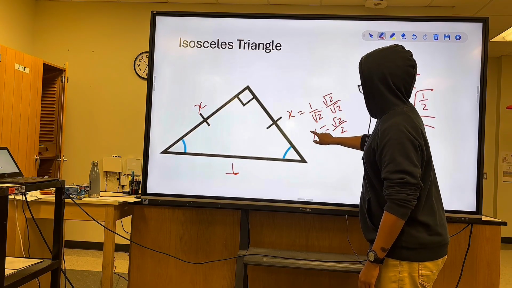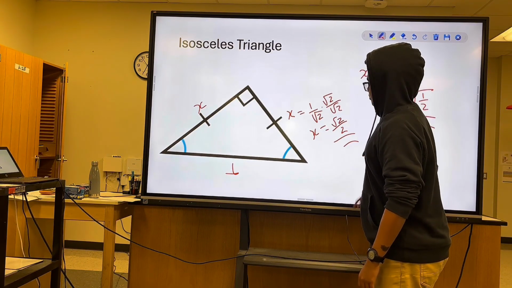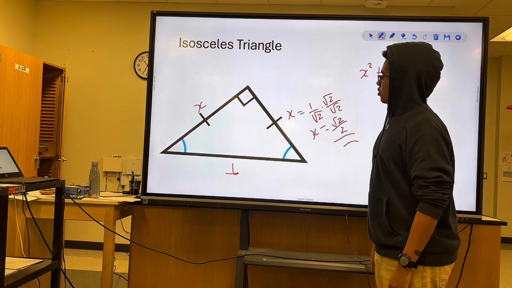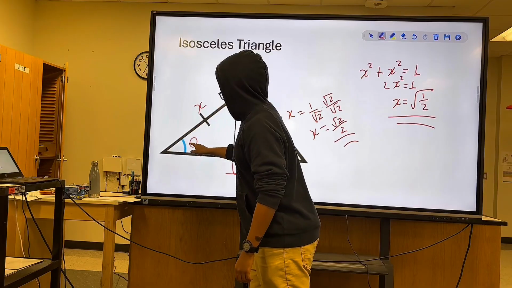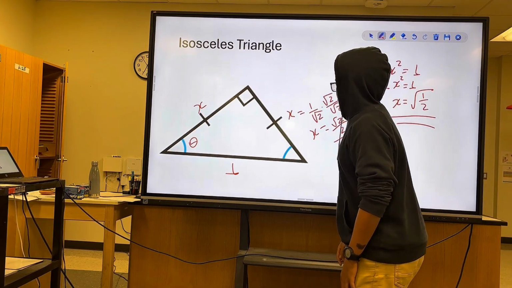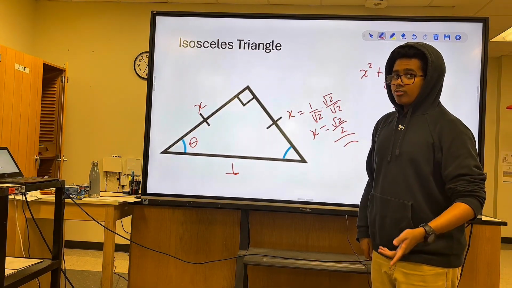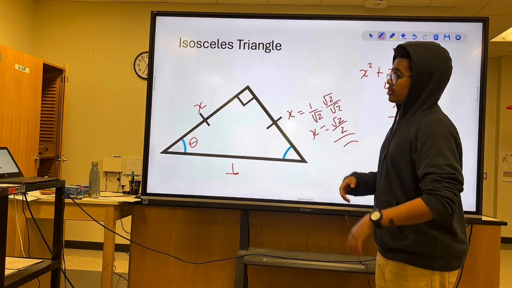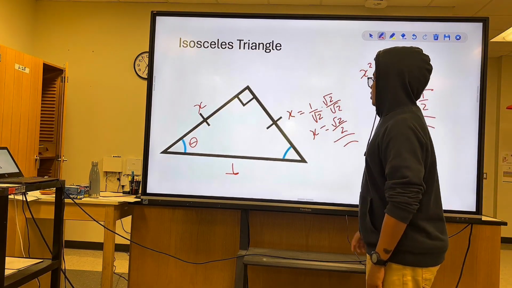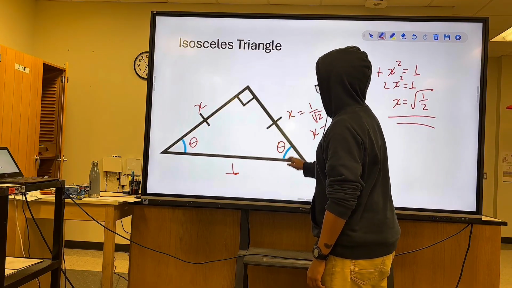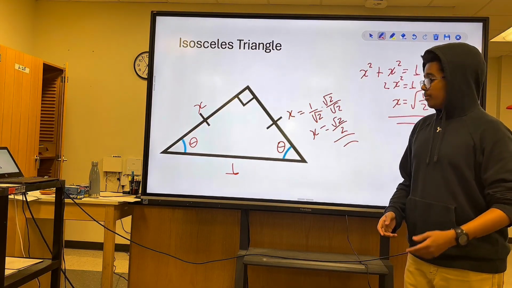That's the side length, right? Okay, so now we have the side length. Now we're trying to find the value of theta right there. Another property of isosceles triangles in general is that their base angles are the same. So this base angle and this base angle are the same.